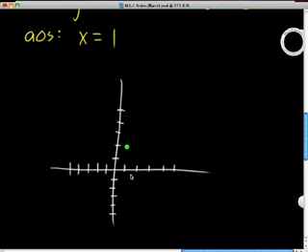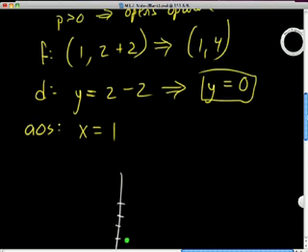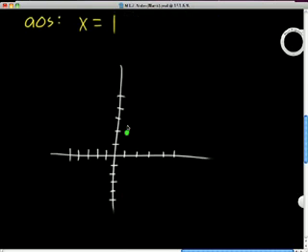Our focus, we determined earlier, was at (1, 4). And our directrix is along the x-axis here. So far, the only point that's actually part of this graph is the green one, our vertex.